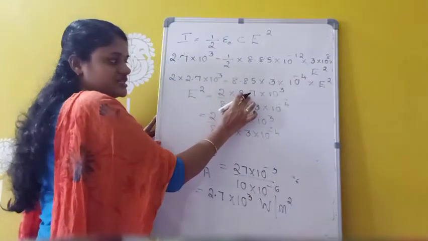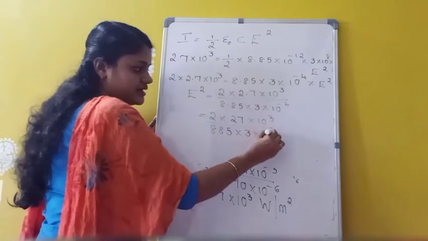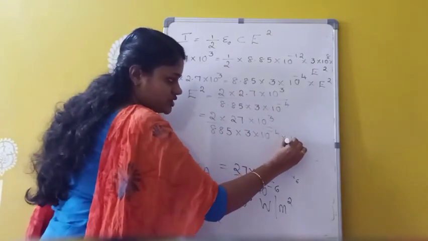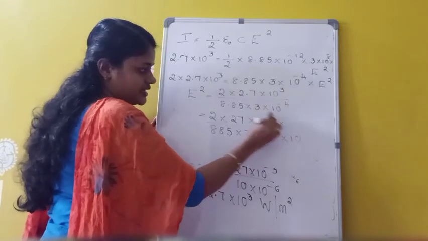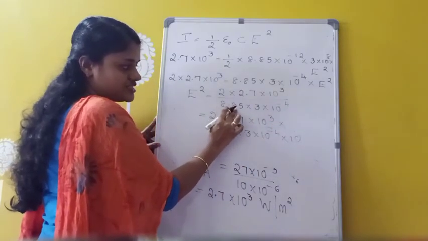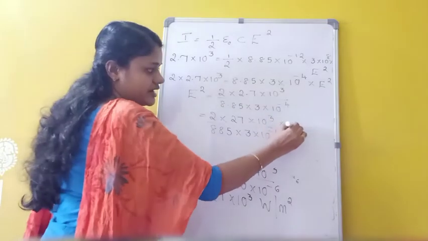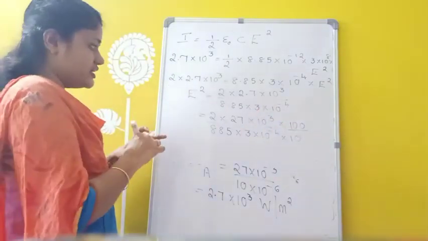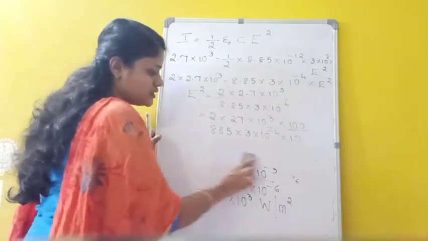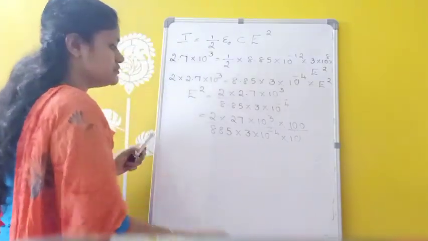Here after the decimal there is 1 digit, so I am dividing by 10 to remove the decimal of 2.7. And in order to remove the decimal here, after the decimal there are 2 digits, so I multiply by 100 here. Okay, so now these decimals got over. Now we have to simplify, cancel the terms and all.